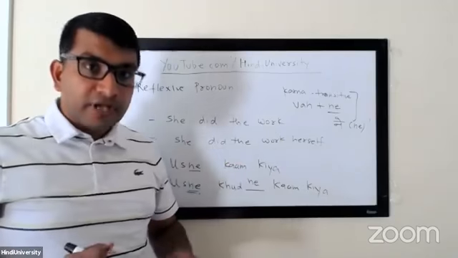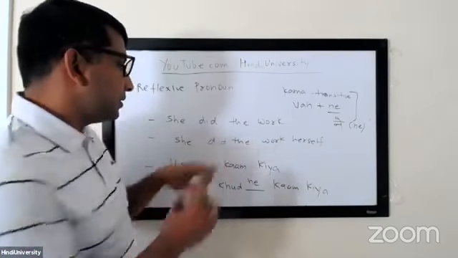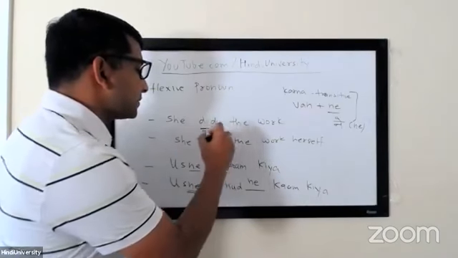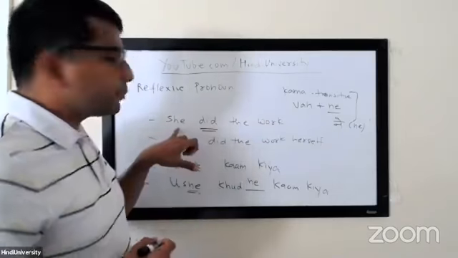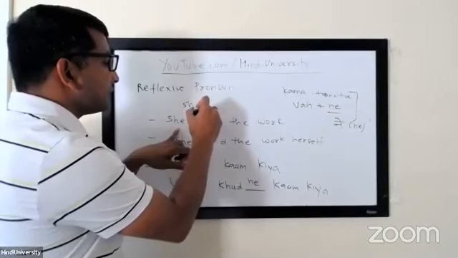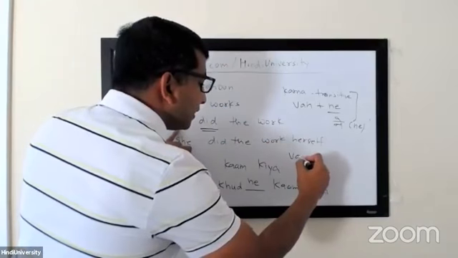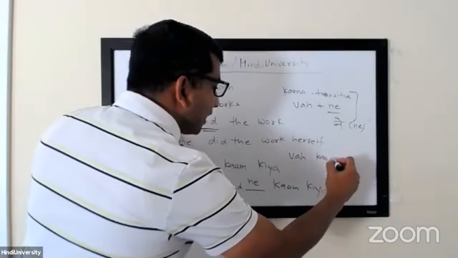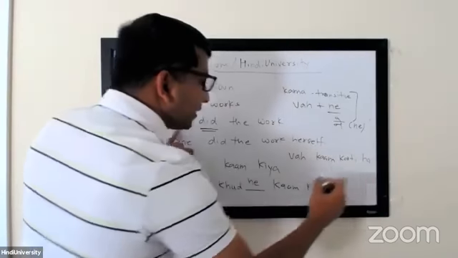When we use transitive verbs in the past tense, which we are doing in this case, we use ne with the pronoun. When you say she works, this is simple. You will say वह काम करती है, right?